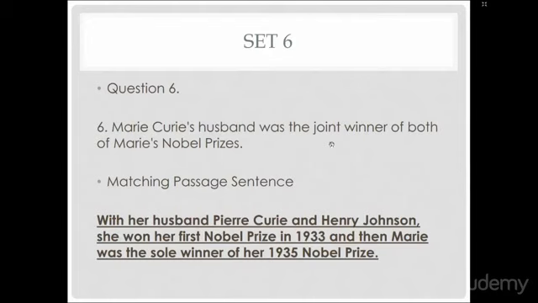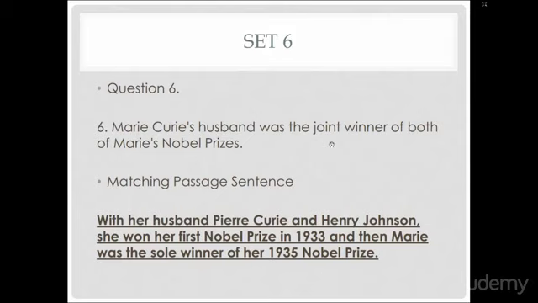Question 6. Marie Curie's husband was the joint winner of both of Marie's Nobel Prizes. All right, here we have our matching passage sentence. With her husband, Pierre Curie, and Henry Johnson, she won her first Nobel Prize in 1933, and then Marie was the sole winner of her 1935 Nobel Prize.